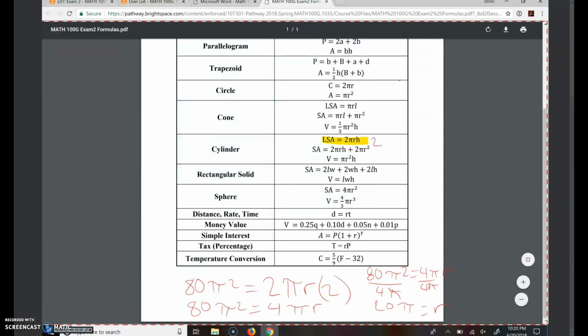So if we did 2 pi times 20 pi times 2, and we put that all together, 2 pi times 20 pi is going to be 40 pi squared, right? And then times 2 is going to be 80 pi squared, and that is the lateral surface area. So hopefully that helped, seeing me work it out.